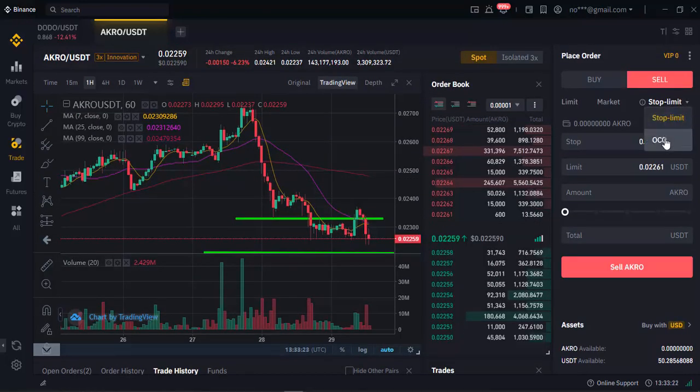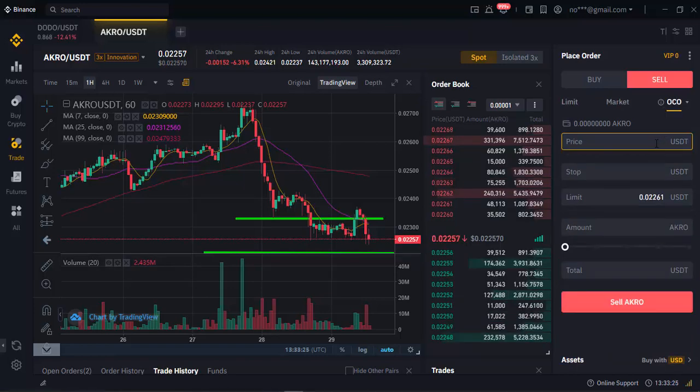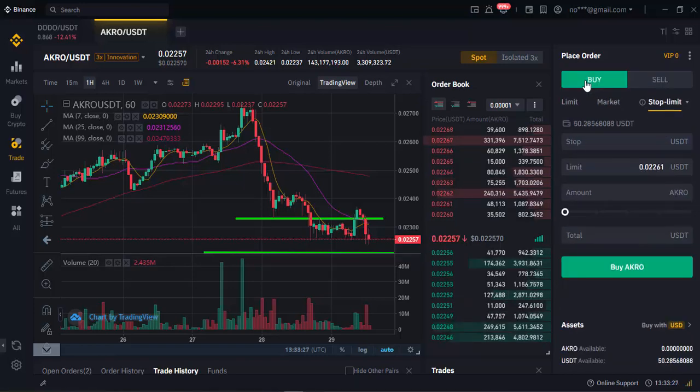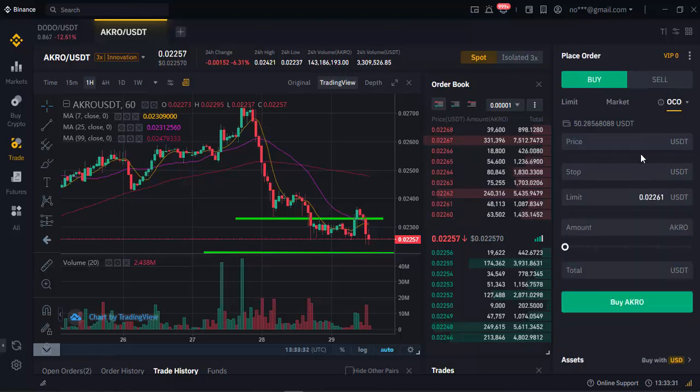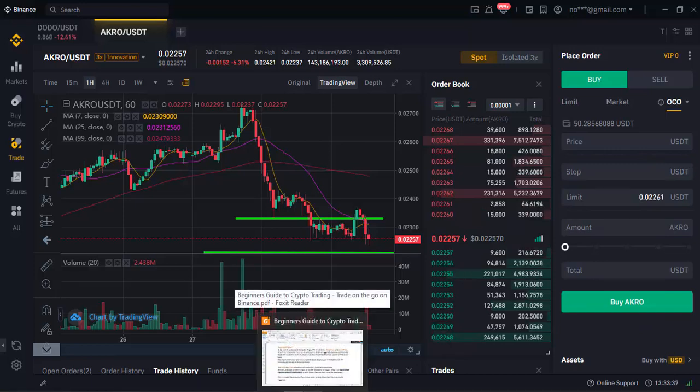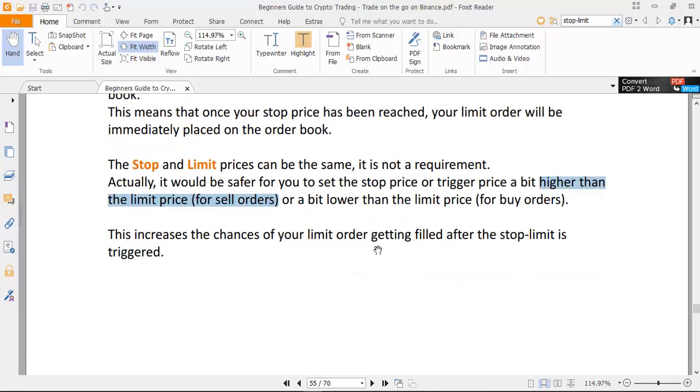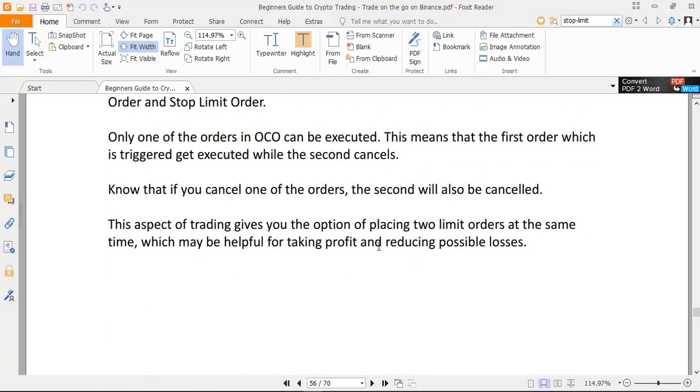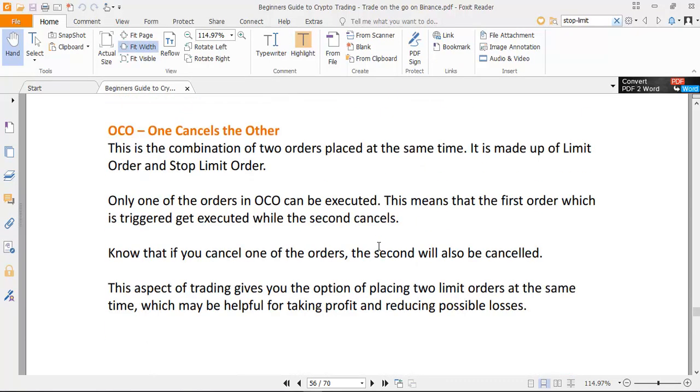Very useful. This OCO is very useful, and we talk about the buy type before talking about the sell. Now let's see the definition of OCO and explanation which I have given on my ebook.